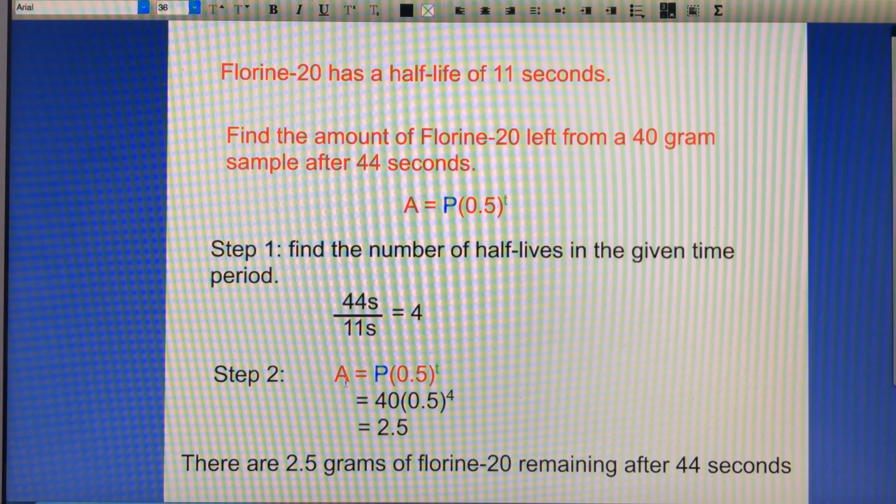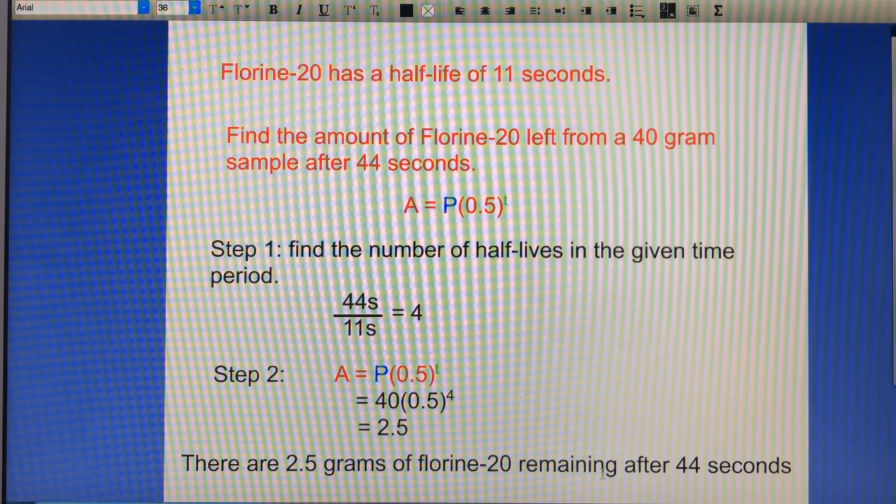A equals P times 0.5 to the power of T. A equals 40, because my beginning amount is 40 grams, times 0.5 to the 4th power, 4 half-lives, equals 2.5. There are 2.5 grams of fluorine-20 remaining after 44 seconds.